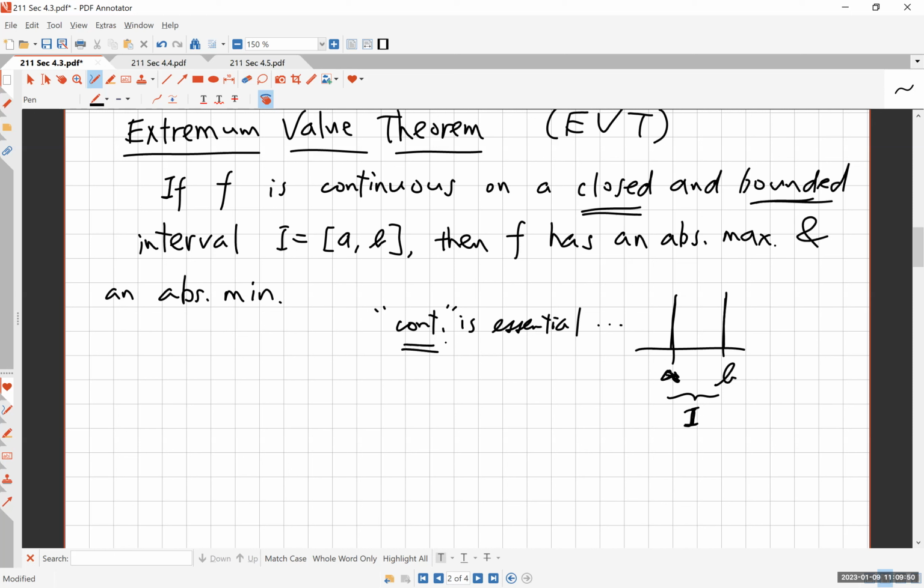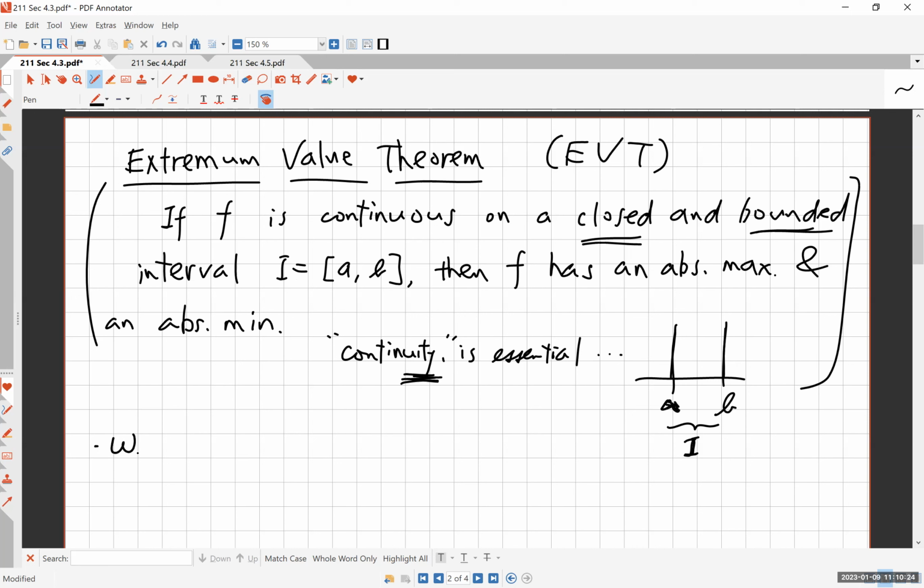Obviously, if it's continuous, this theorem guarantees the existence of an absolute max and absolute min, so this could not be continuous. But if you drop the requirement of continuity, maybe I should spell this out. Continuity is essential in here to guarantee the existence of absolute extrema. The reason, try to find a counterexample. I'll come back to this. There's an easy way to sort of draw a picture of this.